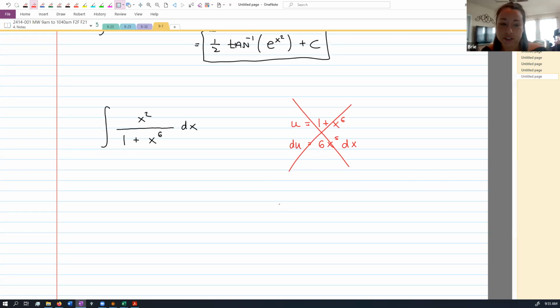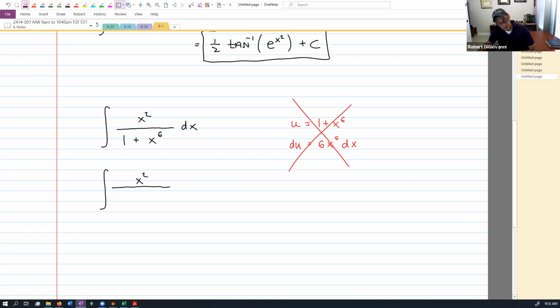Okay, you could do 1 plus x cubed, to the second power, squared. Yeah, so this is the kind of light bulb moment, that you have to realize that x to the 6th can be rewritten as x cubed squared.